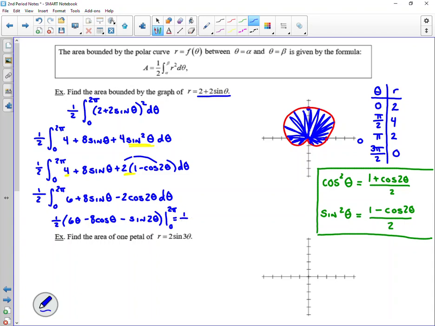So we have 1/2, 6 times 2 pi is 12 pi, minus 8, and then sine of 4 pi is 0, minus 0 plugged in is 0 minus 8, and then sine of 0 is 0.